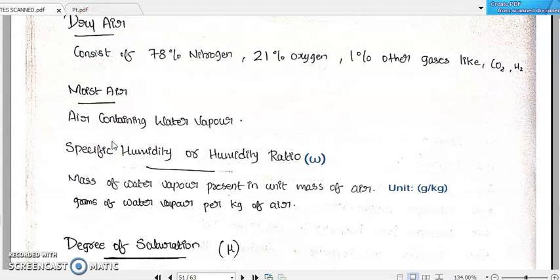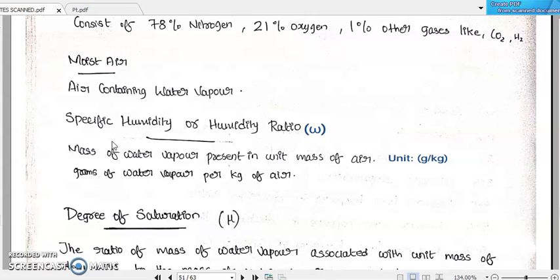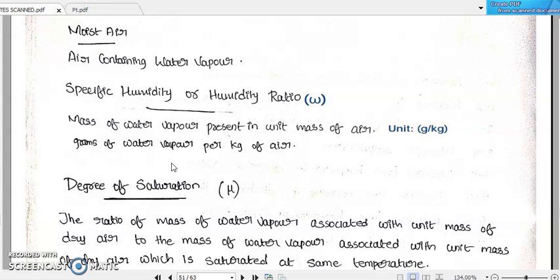Then some other terms commonly used in air conditioning science: the specific humidity or humidity ratio, represented by the Greek letter omega.